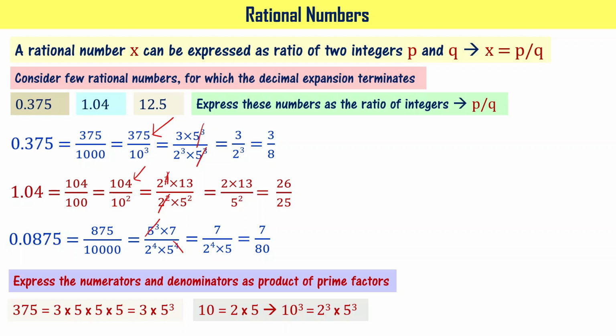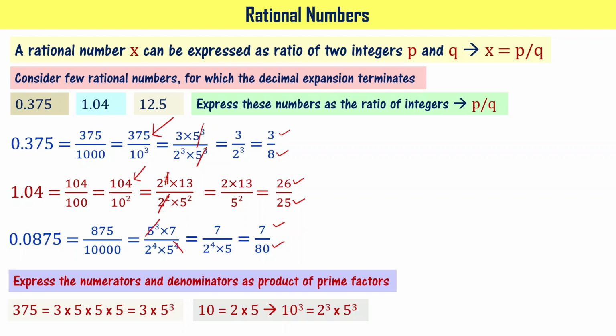I have written 0.375 as a ratio of two integers p and q that are 3 and 8, right? And I have written 1.04 as a ratio of two integers 26 and 25. I have written 0.0875 as a ratio of two integers 7 and 80.